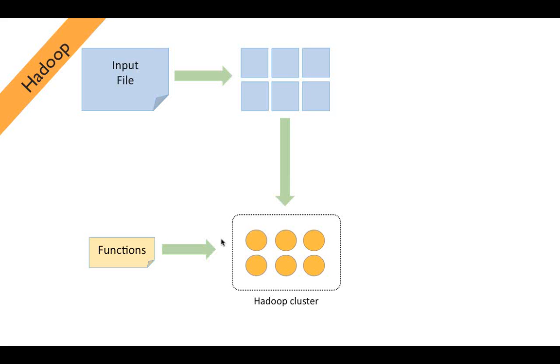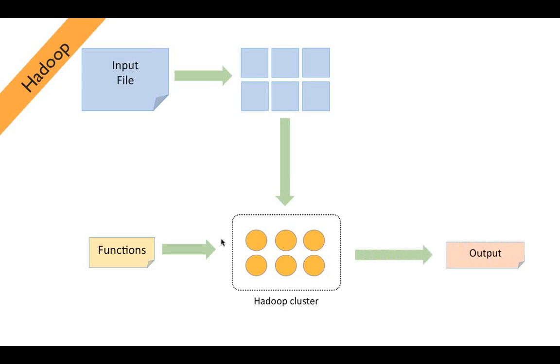There's usually a replication factor in there as well, so it'll send the same chunk to multiple machines. That's all configurable and all managed by the Hadoop framework. It'll then run those functions for you and then output a result.